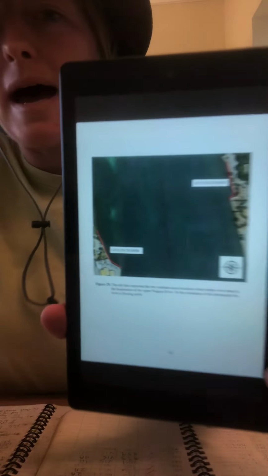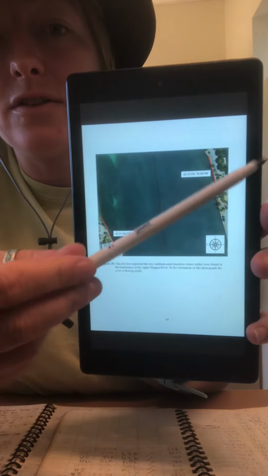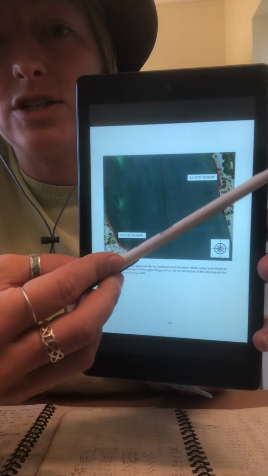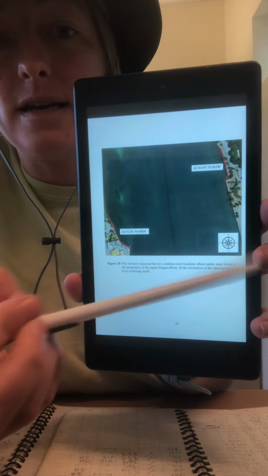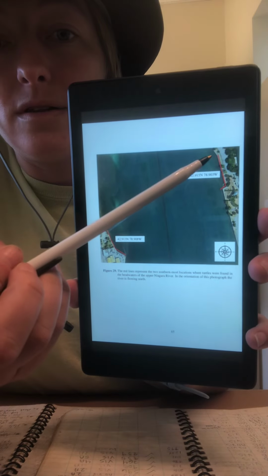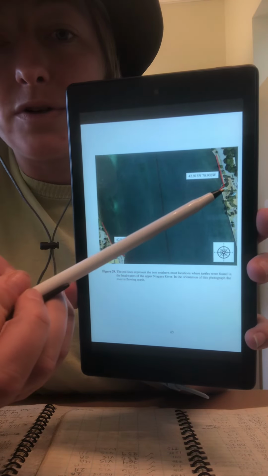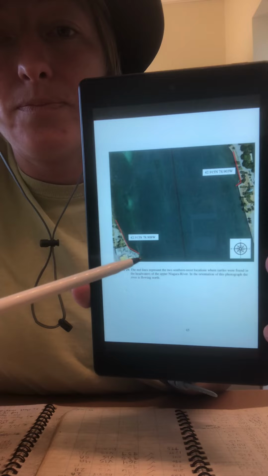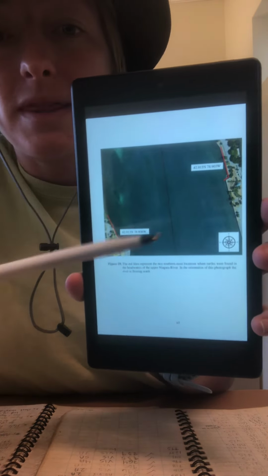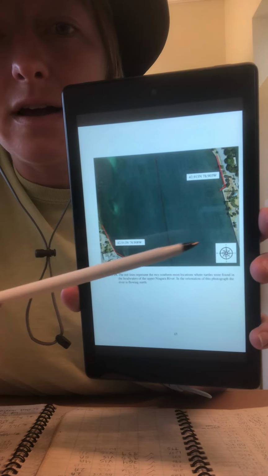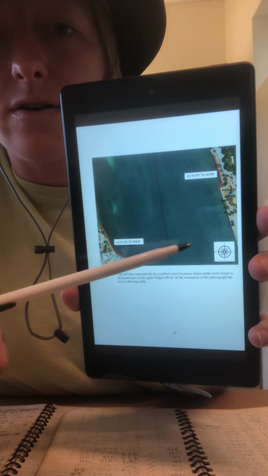But this is a map of the farthest location south that animals were located. And you can see here that they can use the shoreline, and they're protected from the current by these little outcroppings or whatever, these cement walls. But then they're in the direct flow of the Niagara River.